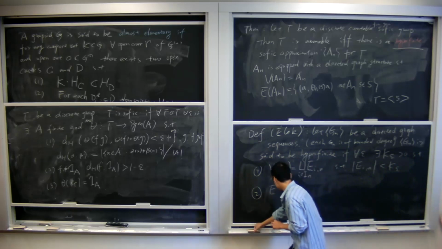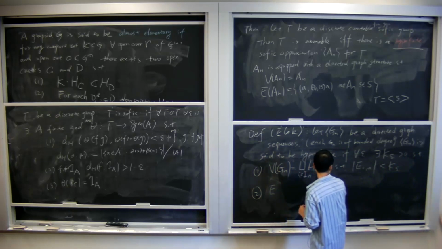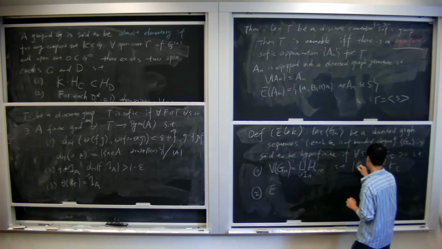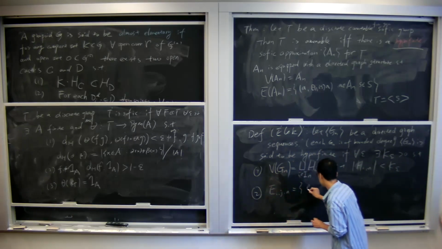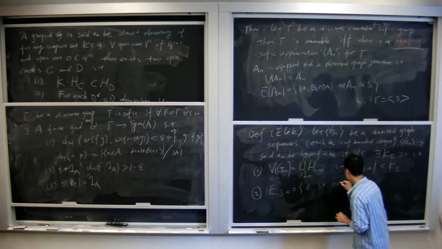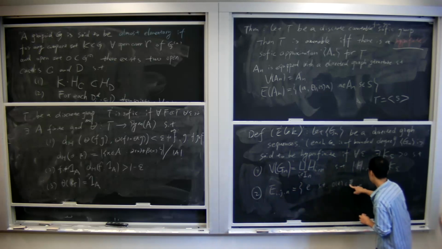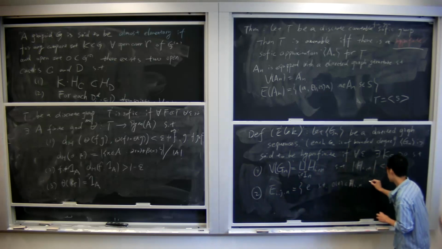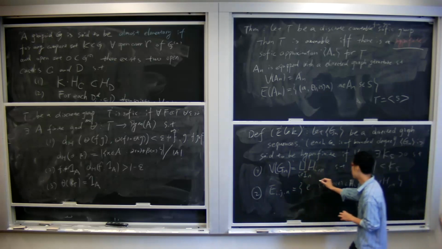Let me change notation: H_i^n. Then E_ij^n is defined to be the set of edges e such that the origin of e is in H_i^n and the terminal of e is in H_j^n.